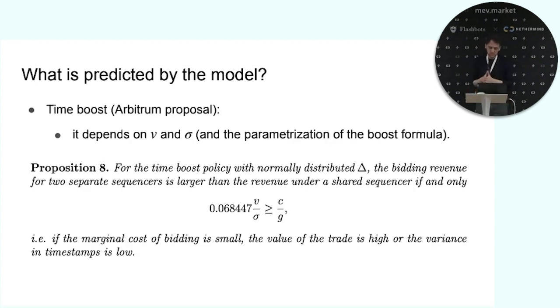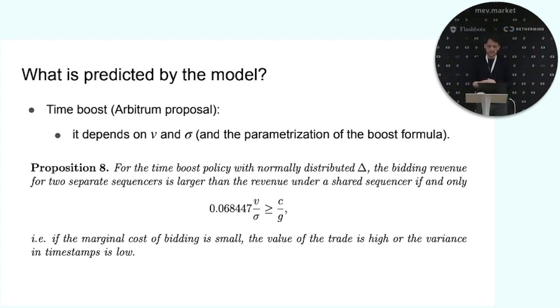Then we looked into another kind of sequencing rule, time boost. I don't know whether you know it. That was a proposal at Arbitrum about half a year ago, or even longer ago. They came up with a sequencing rule where they order transactions based on a score, and the score combines a timestamp component and a bidding component. So people send in a bid together with a transaction. We take some function of the bid and the timestamp, call that the score, and then order transactions based on that score.